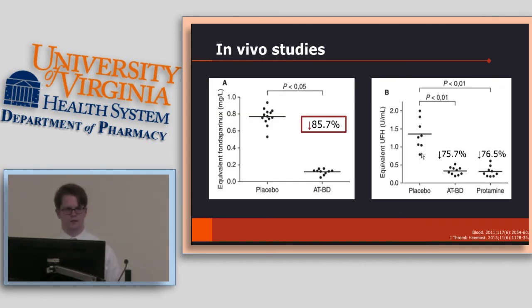And so in vitro studies demonstrated efficacious reversal with both antithrombin-based agents, so both the recombinant antithrombin and the chemically modified. Looking at the in vivo studies that they performed with ATBD, the chemically modified version, we can see that mice that were randomized for fondaparinux reversal to ATBD or placebo had a reduction of roughly 86%, which is similar to the reduction seen with the recombinant form.